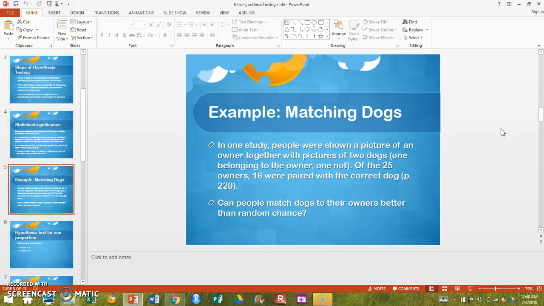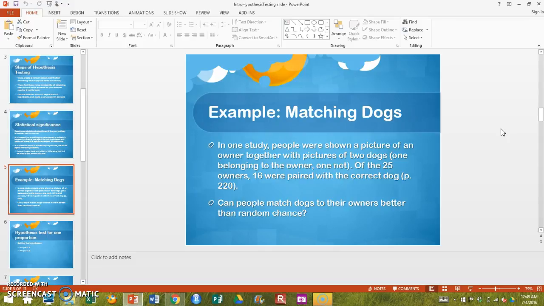But our sample here now is 16. So of the 25 dog owners, 16 were paired with the correct dog in this situation. So our sample proportion is above 50%.